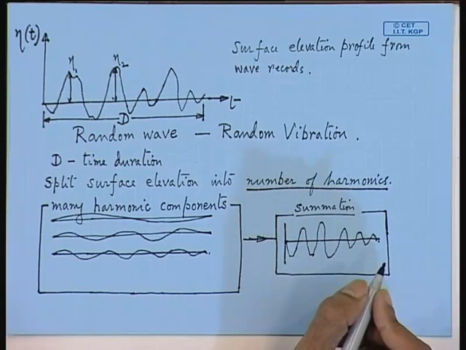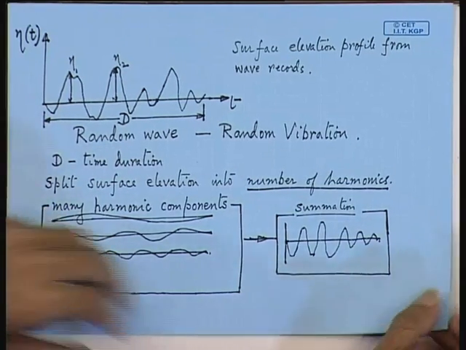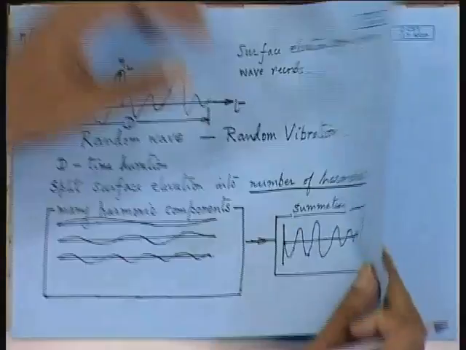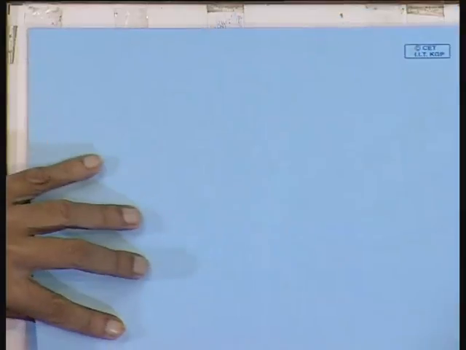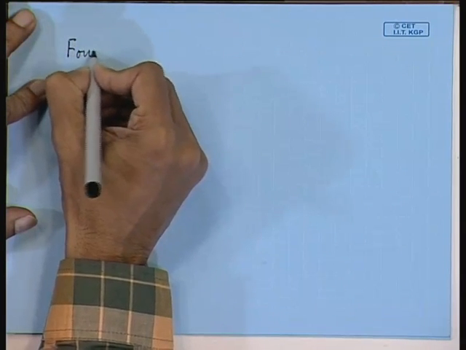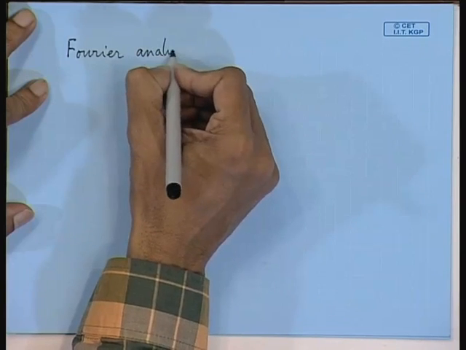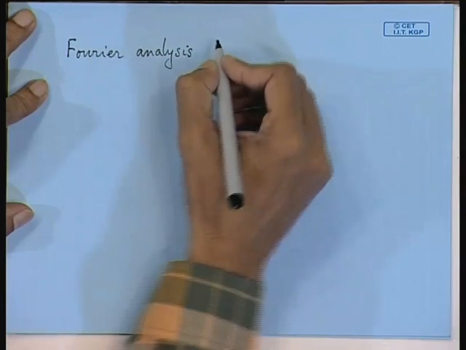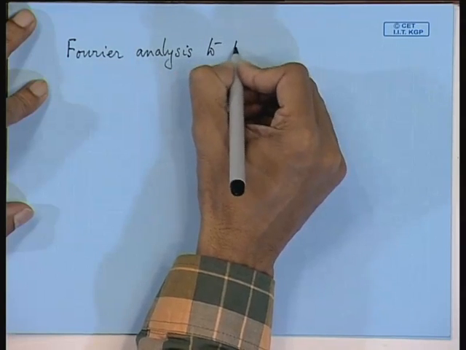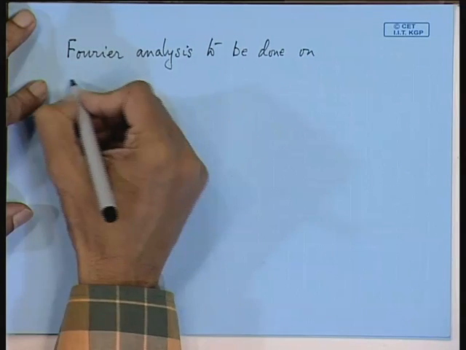Now, the equation that you will apply is what is called a Fourier equation. So, in your maths class you must have come across what is called Fourier analysis to be done on wave record.